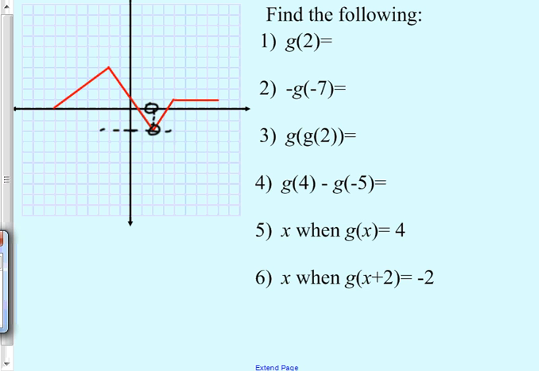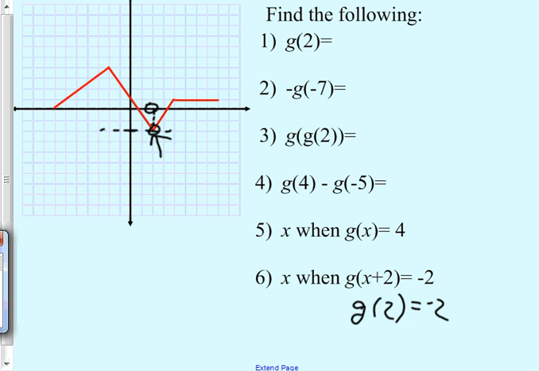I just figured out that g of 2 is -2. I knew that the y was -2, and I figured out what x would work with that. I can double check it and see if the point 2 comma -2 is on my graph. There it is. So I know I'm doing it right.